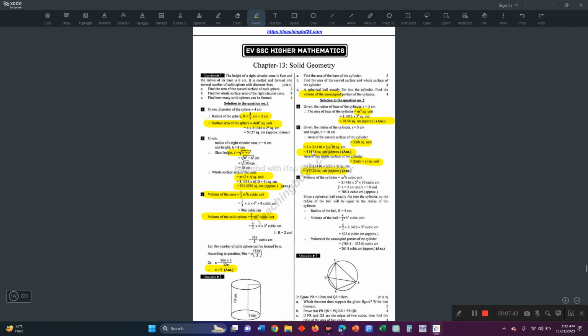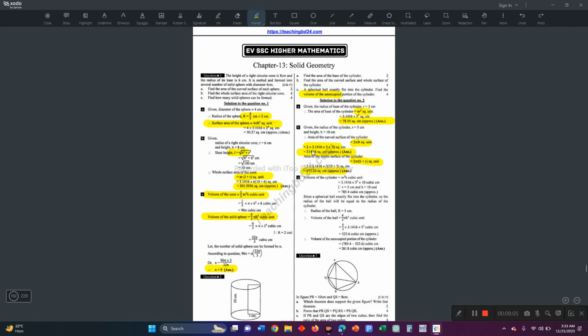Now we have to determine the volume of the cylinder at first, and that is pi r square h. Putting in these values, we get the volume of the cylinder, that is 785.4. Now we have to determine the volume of the sphere, that is 4 by 3 pi r cube, and all these values are given.